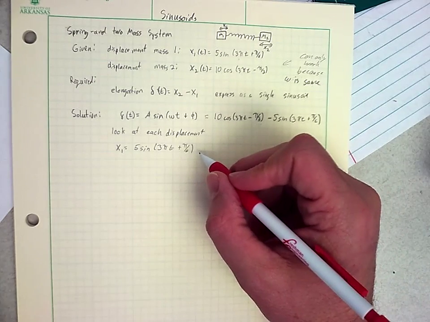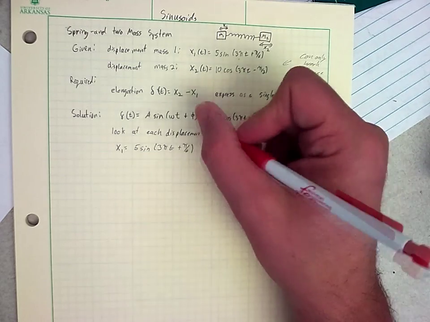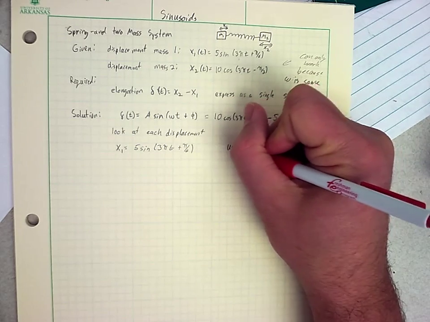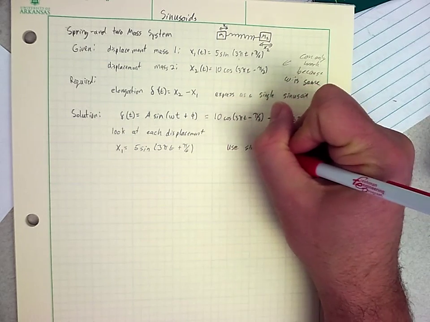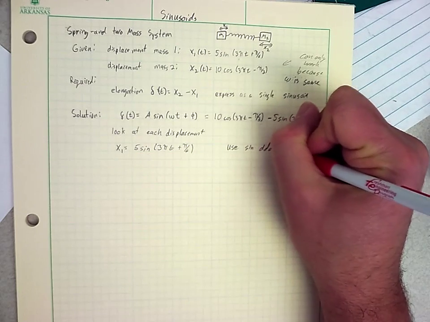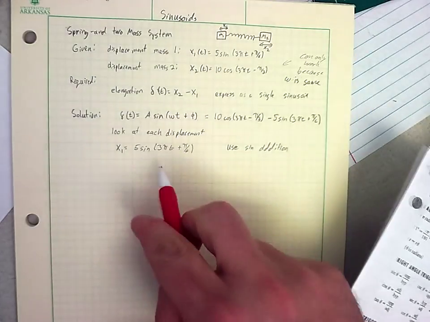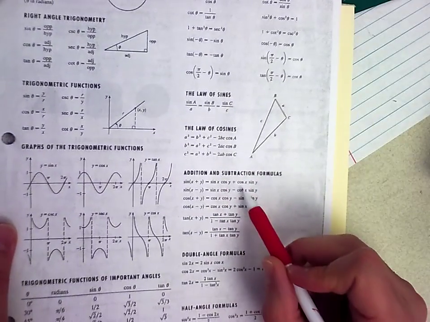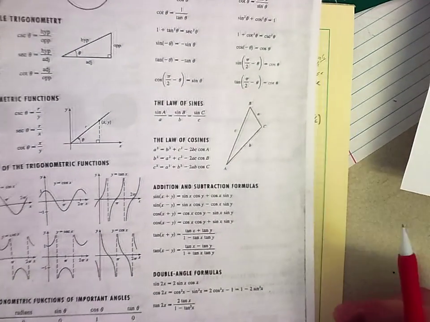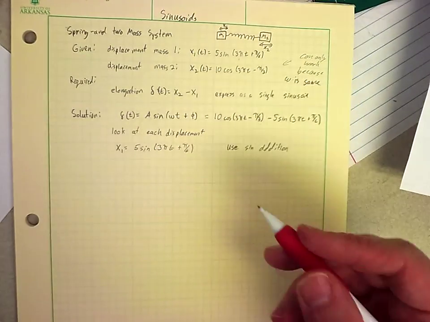So if we use the same ideas that we did before, we're going to use our sine addition formula because we've got the sine of a sum there, so that we can rewrite x1.